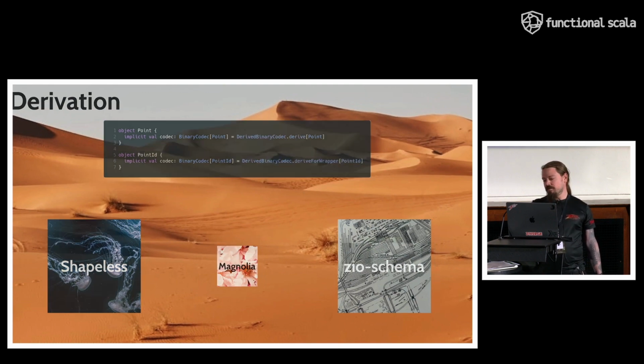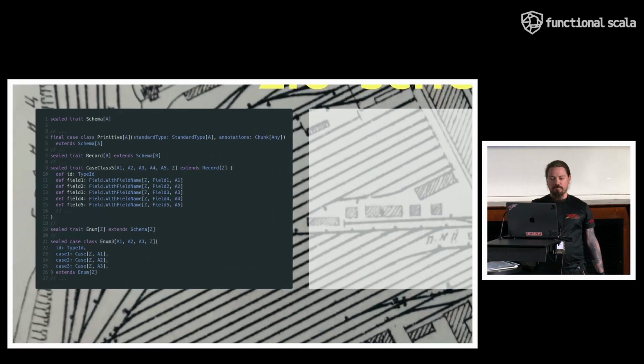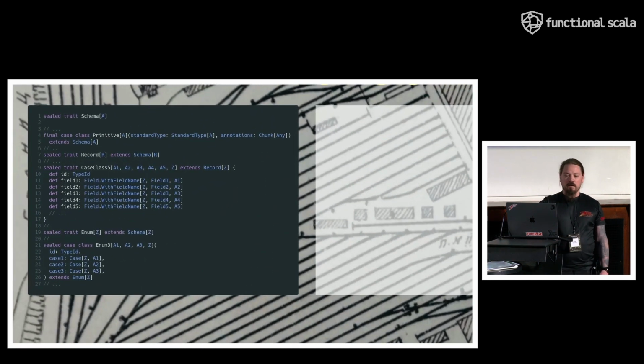But there is ZIO Schema now. And ZIO Schema defines a huge data type for describing other data types. It's called Schema, and it has constructors like primitive and case class 5 and enum and so on.